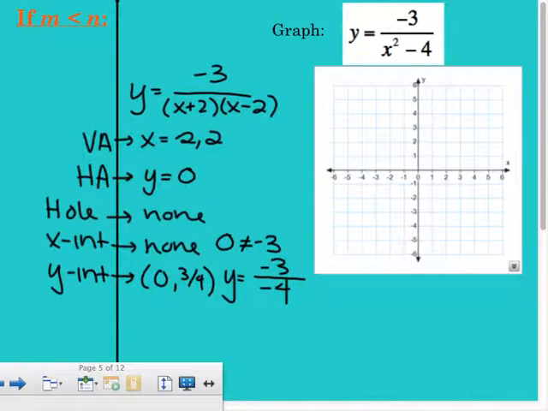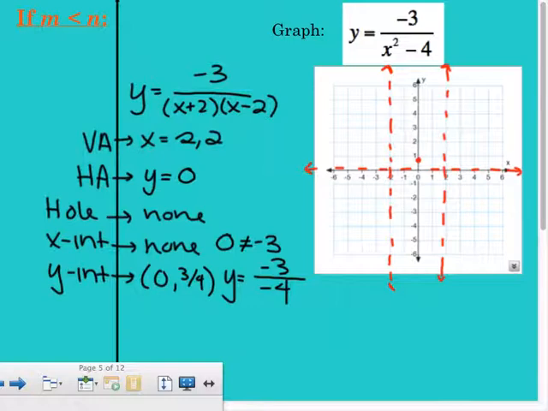So let's draw what we have. I've got two vertical asymptotes and a horizontal asymptote. I also have a y-intercept at 0, 3/4. So right about there.